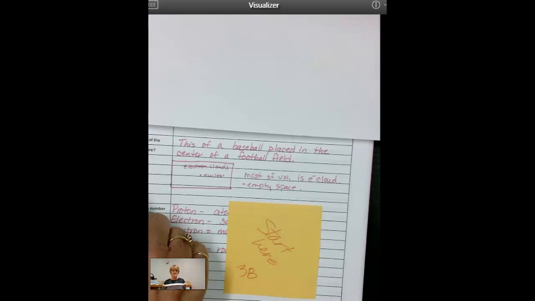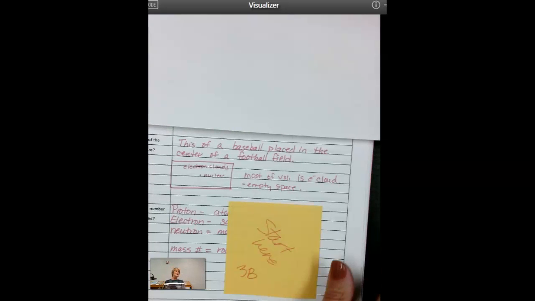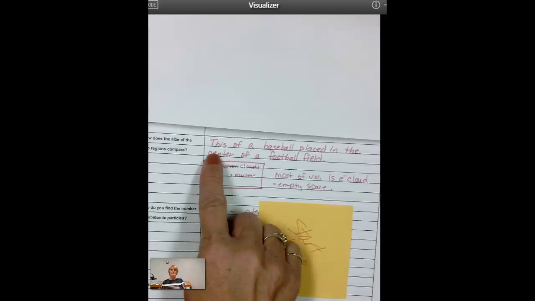The next question says, how does the size of the two regions compare? Here is a very good visual of what this would look like. Remember, we said that most of the electron cloud is empty space.